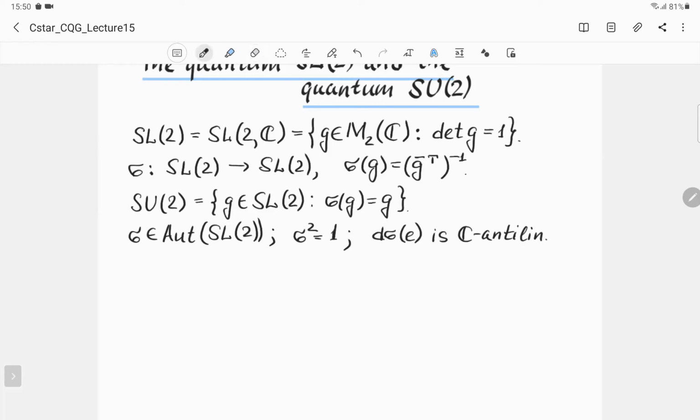So the last two properties together mean that SU2 is a real form of SL2.